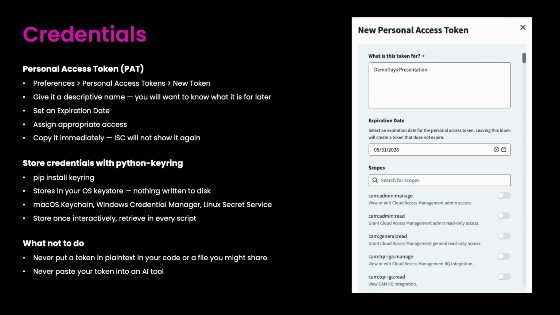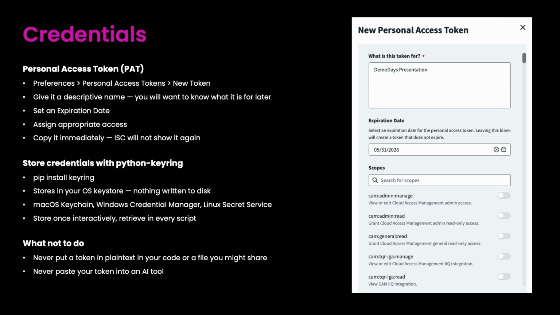Now, what should you do with the secret once you have it? We want to use the Python keyring to be able to store it for the AI to use. So Python keyring will work with any OS. It will work with Mac OS Keychain, Windows Credential Manager, Linux Secret Service. And it's a tool that will allow us to store the key safely, but also access it when we need it.